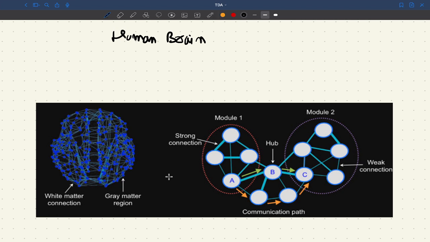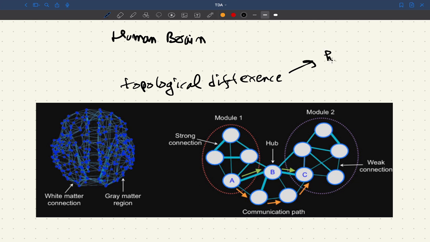It can also help doctors in medical diagnosis. Based on the topological differences in brain connectivity, we can say that this person is a healthy or a diseased person. So topological differences can help us classify a person as a healthy person or a sick person.